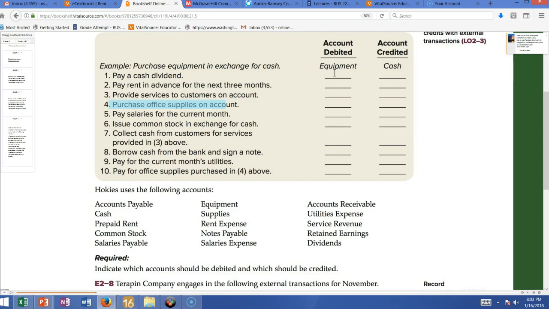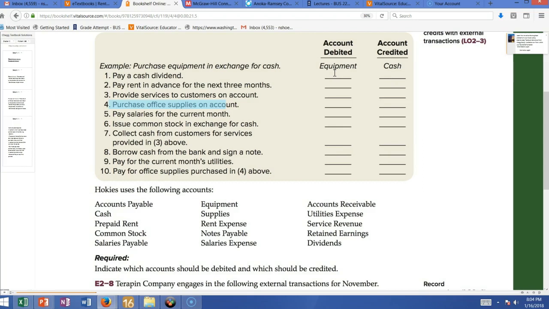Number 7. Collect cash from customers for services provided in 3 above. So in number 3, let's think of what we said. Accounts receivable was debited and service revenue was credited. Now in number 7, we're getting some money.